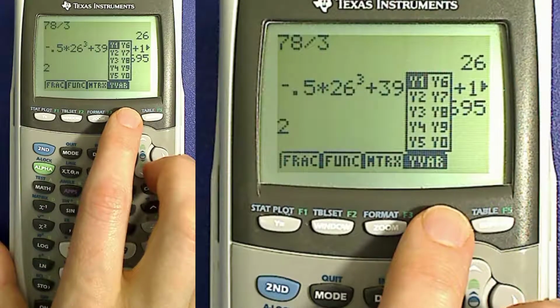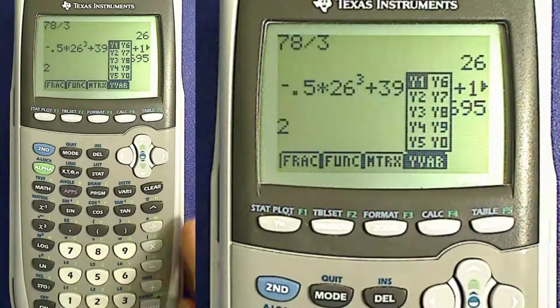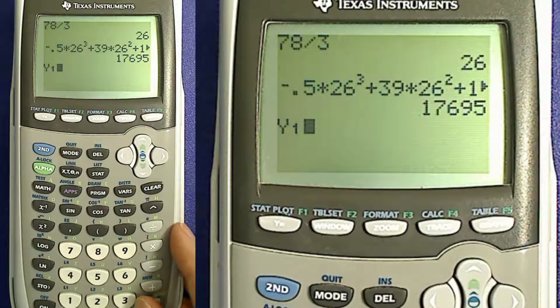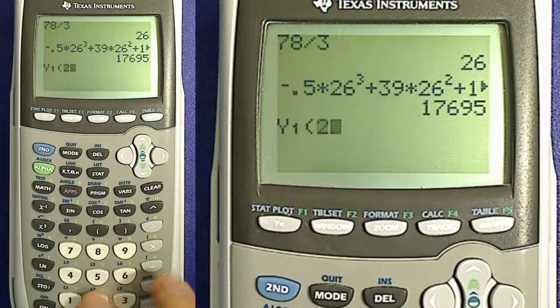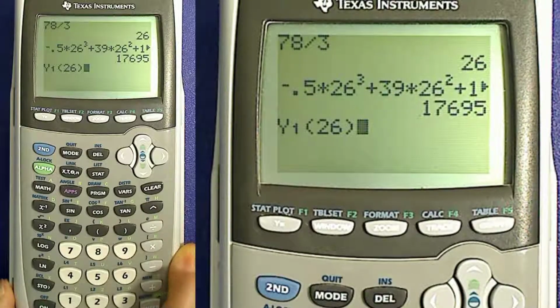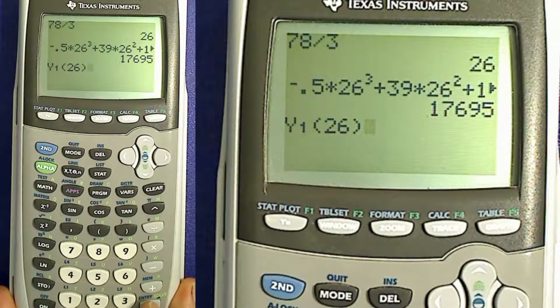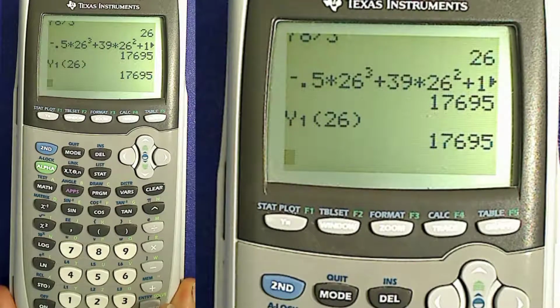I typed it into y1, so I'm going to do y1 and then use function notation as in Lagrange's system and do y1 of 26. And there, that's also computed 17,695. So there's several different ways to do this calculation and check that you've got it right.